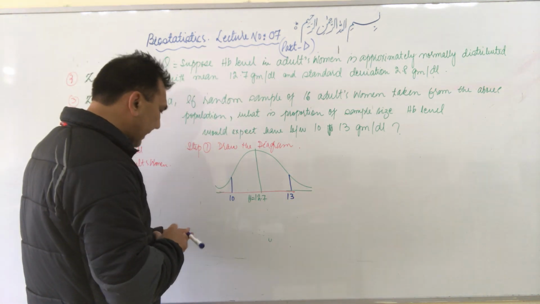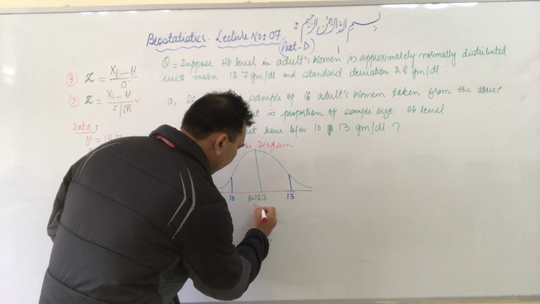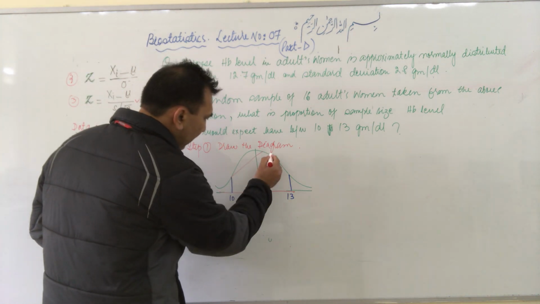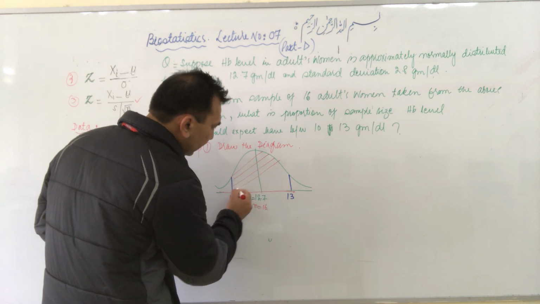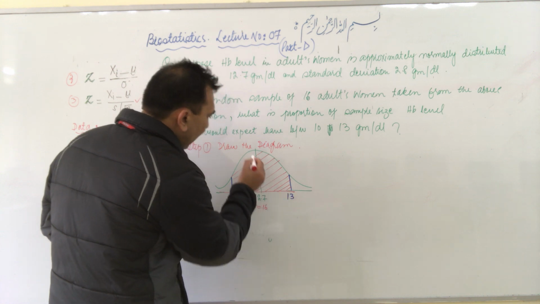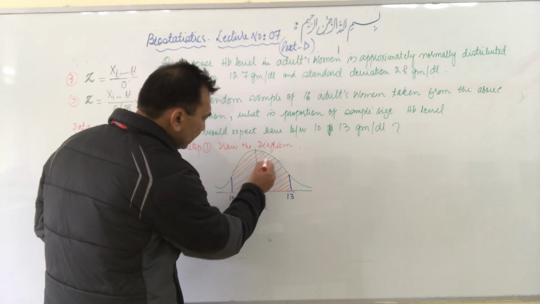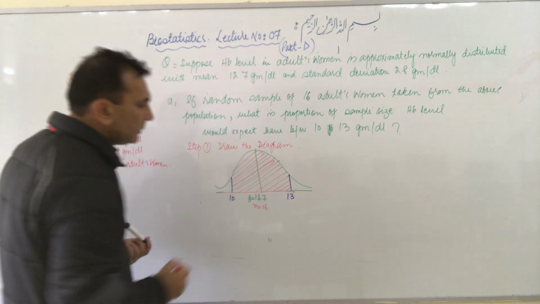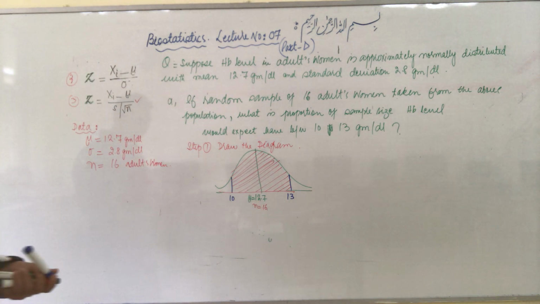But the sample size is 16. So again we are concerned to find out the proportion of the hemoglobin level of the 16 adult women expected between 10 to 13 gram per deciliter.